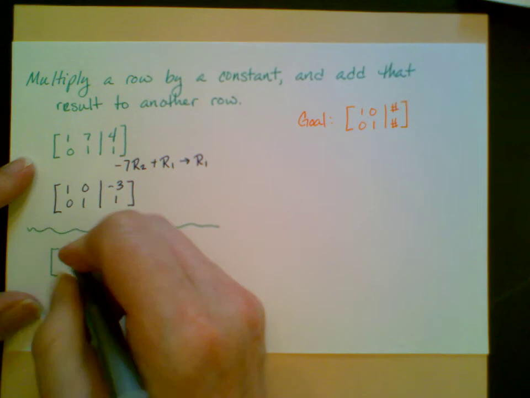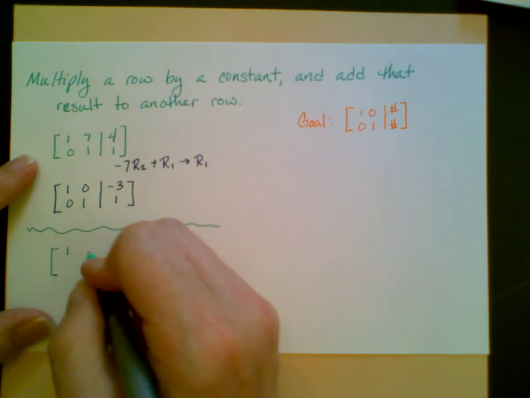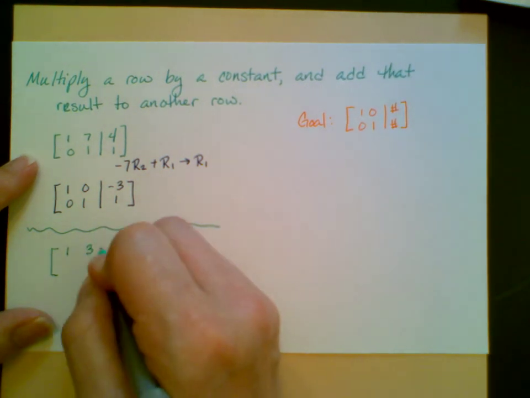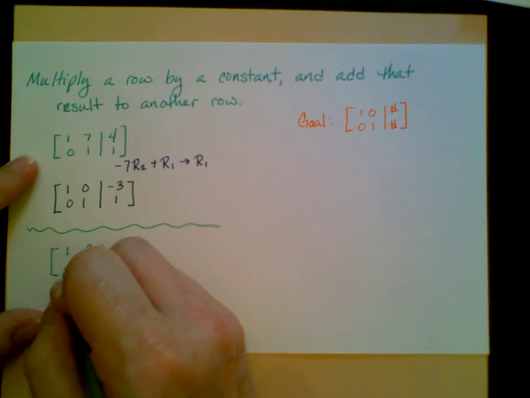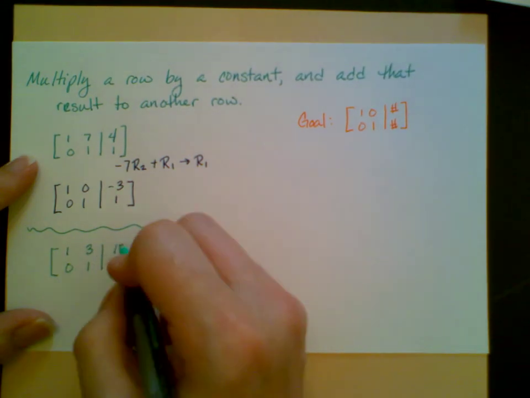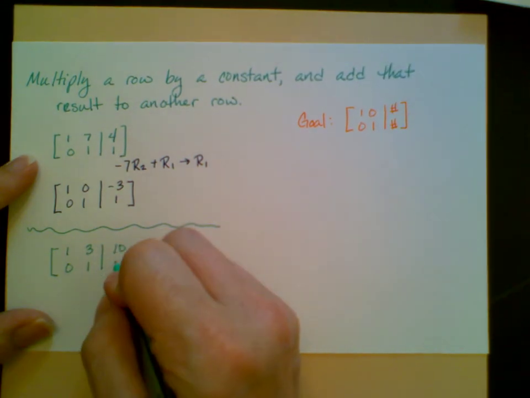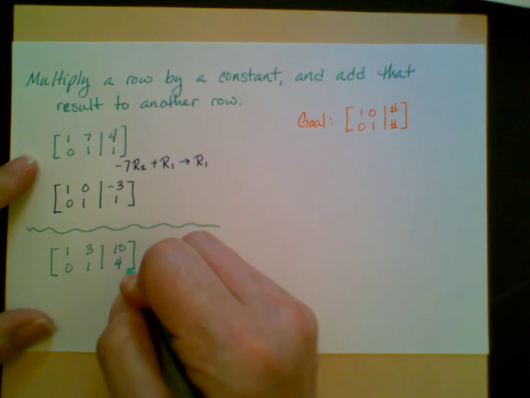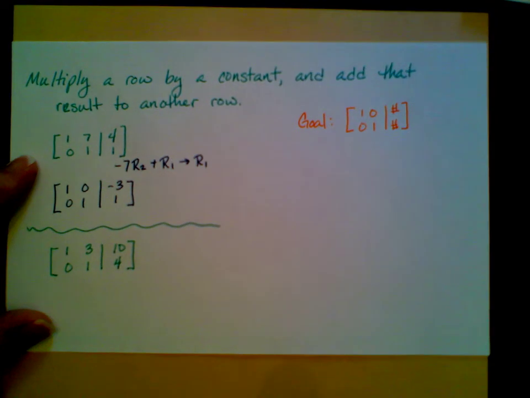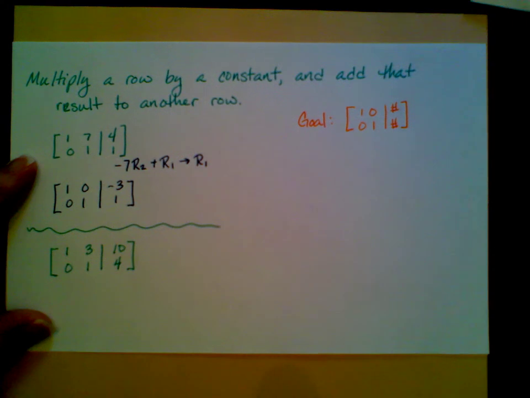So we'll have something similar. Then 0, 1, and 4. Okay. So now I'm going to do a very similar, well, it's the same process, different numbers.